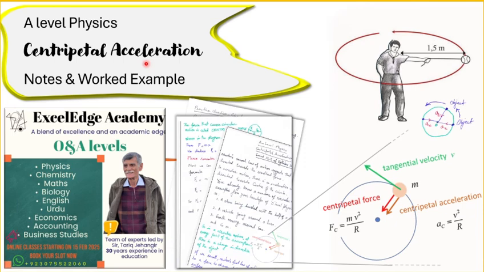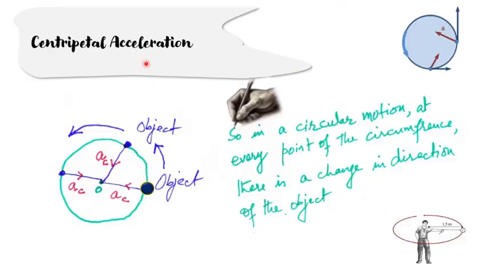So, in circular motion, because this is a topic of circular motion in A-level physics and centripetal acceleration, the object has to change its direction at all points of the circle during its motion.